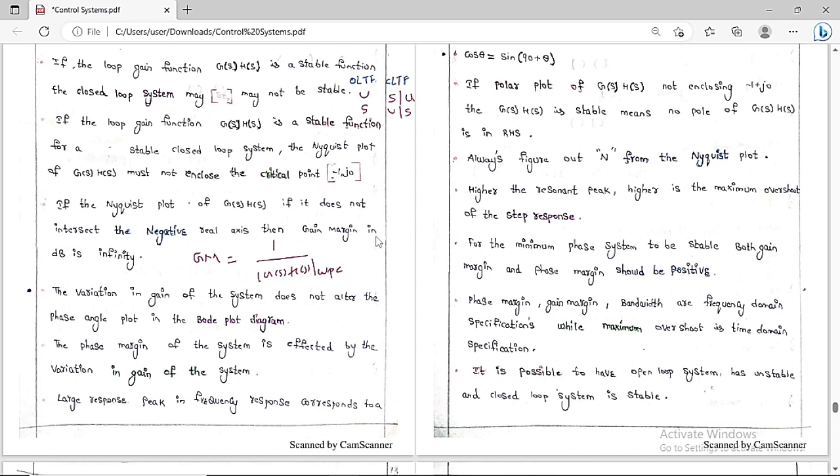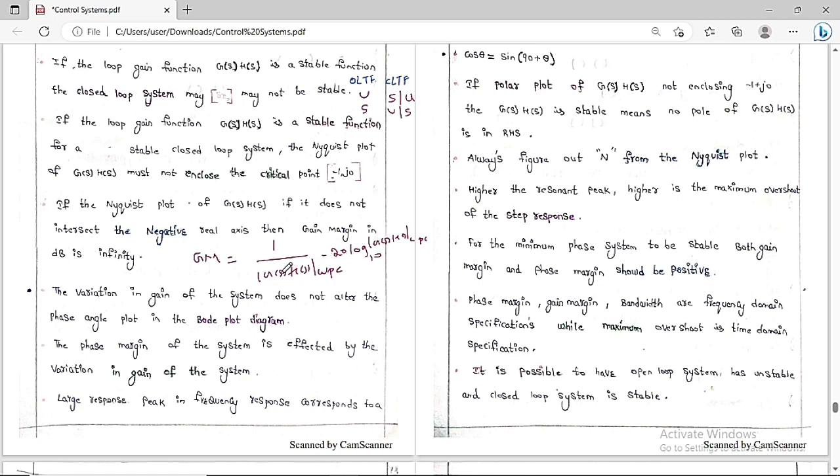Gain margin in dB, as I have already told you, is 20 log of gain margin with base 10. If we substitute this, we get minus 20 log base 10 of mod of G(s)H(s) at omega PC. So what is the meaning of this? This value is equal to infinity.